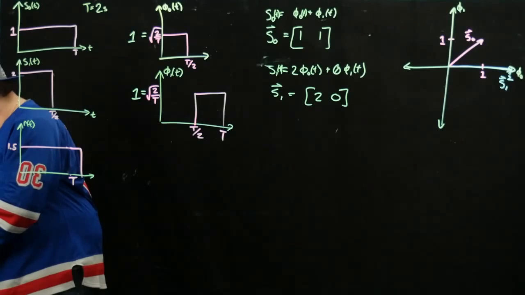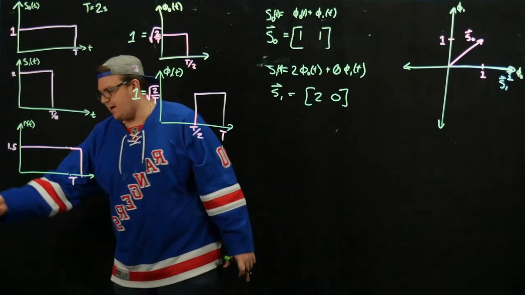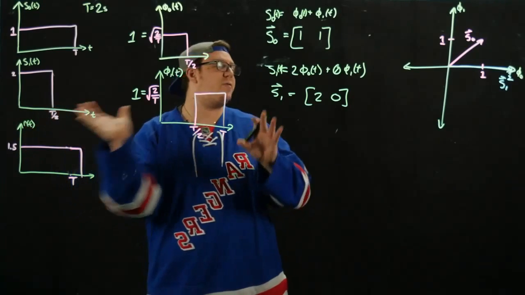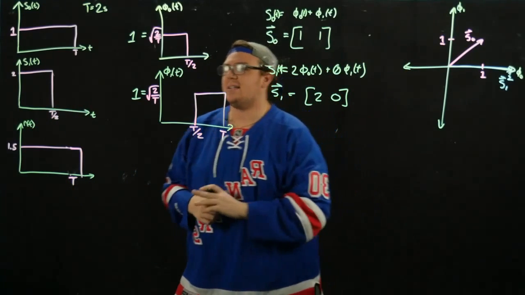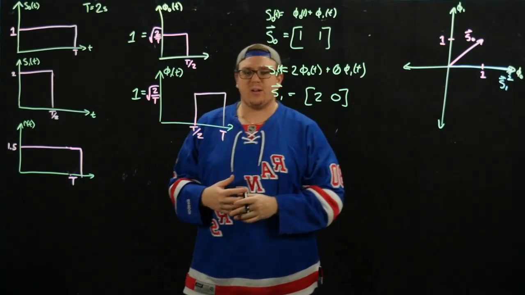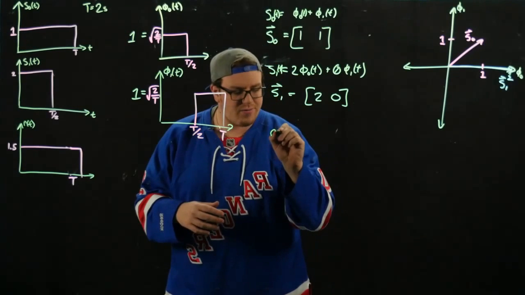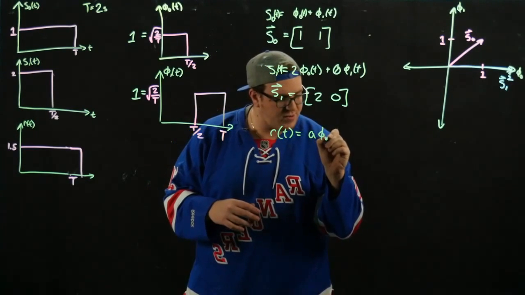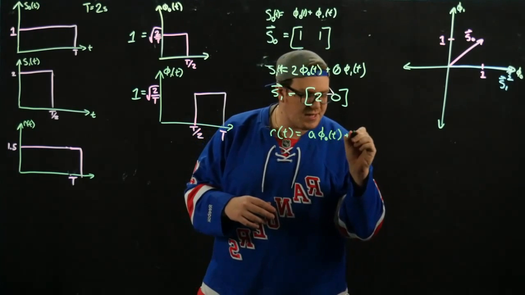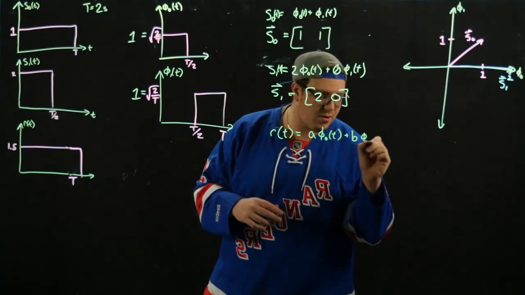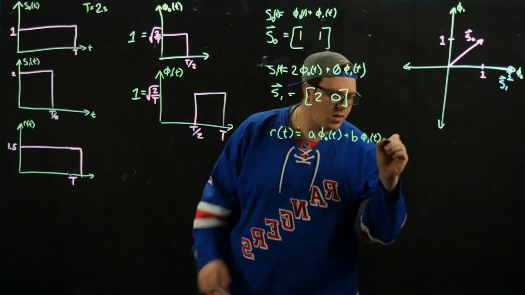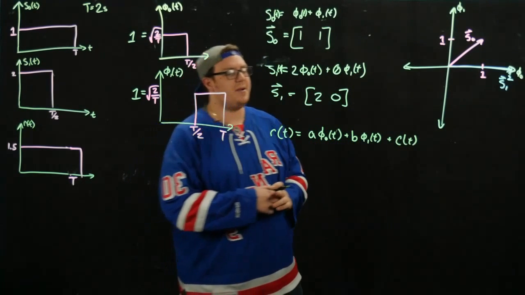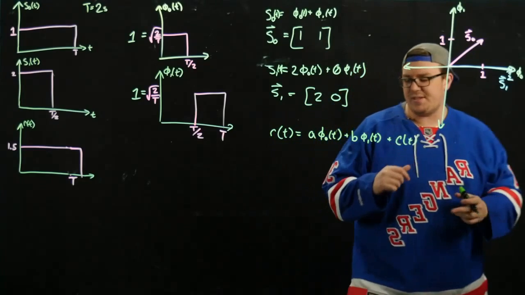So we need to place the r of t vector in here, which means we need to find out what kind of projection this has. What you're going to find is that r of t should equal a linear combination of phi 0 and phi 1 of t. But you're also going to have some extra bit on the end here. That's actually c of t.